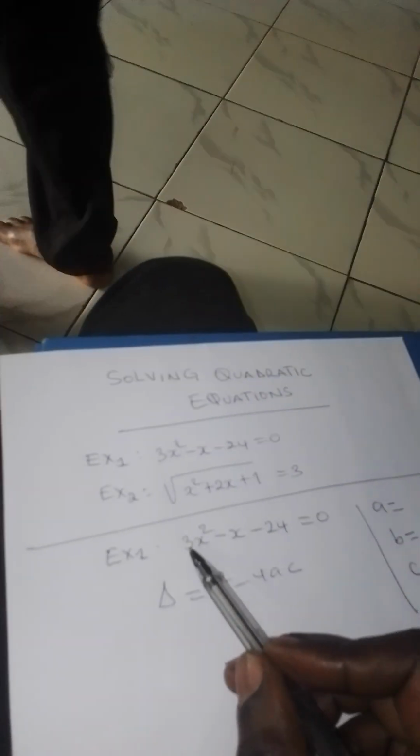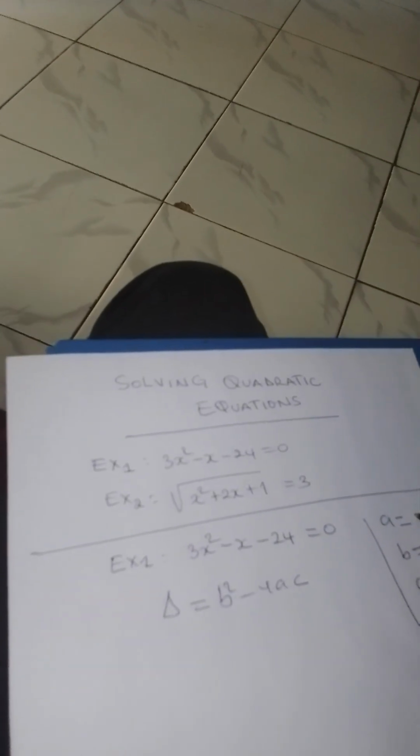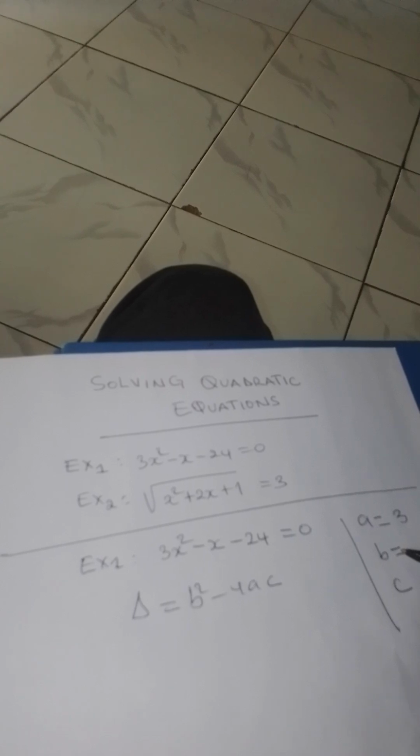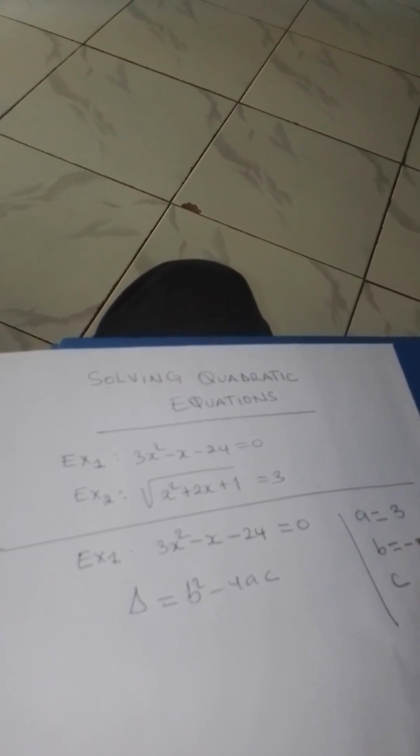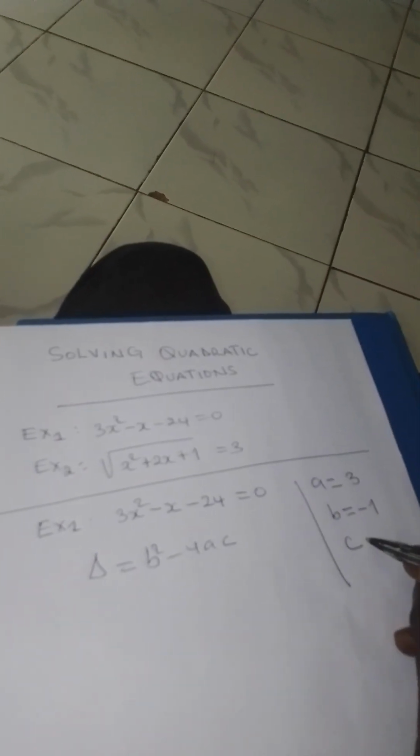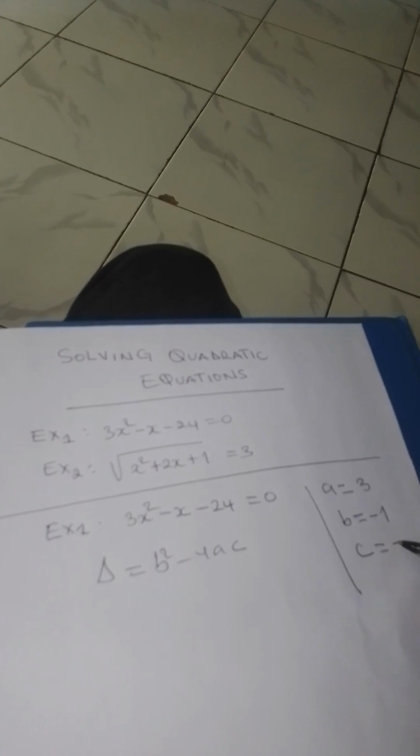A is the coefficient of x squared, we write 3. Then b is the coefficient of x, it is negative 1. C is the constant, which is negative 24.